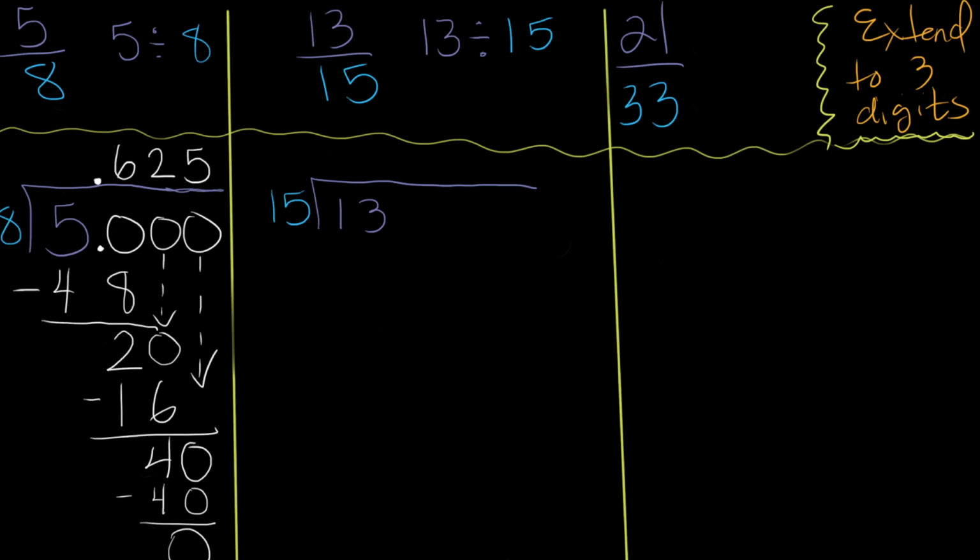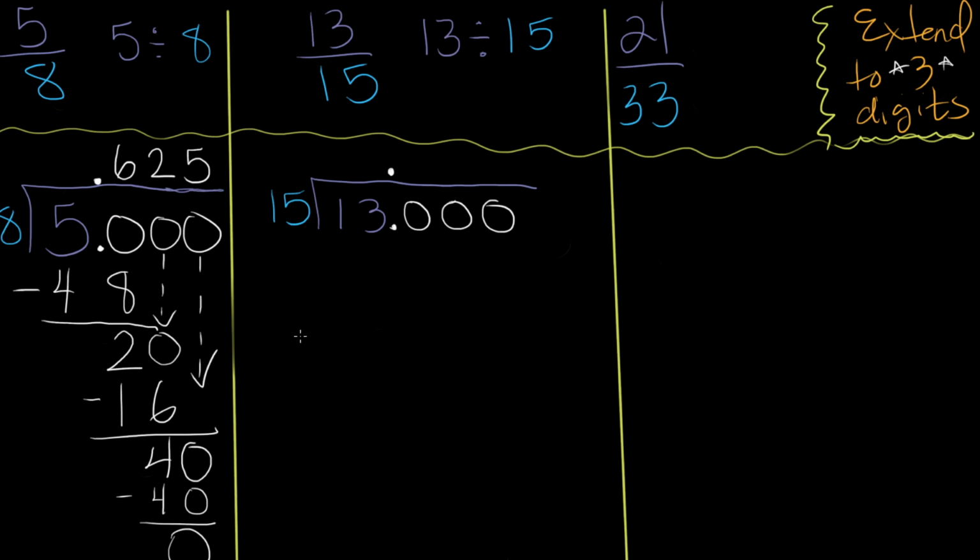Okay, and let's extend it out to 3 digits. Or 3 decimal points, I should say. 1, 2, 3. Once again, first thing we did, let's line up our decimal points. Okay, 15 cannot go into 13, but 15 can go into 130.